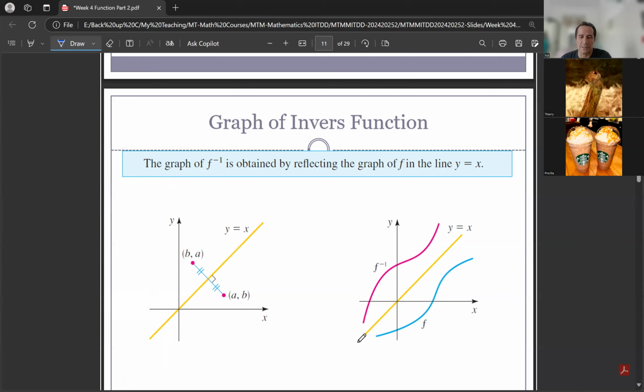So we can see that the graph of f(x) is mirrored into the graph of the inverse of f(x).